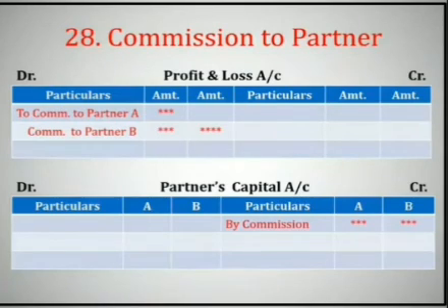In the same way, salary to partner A, salary to partner B, and we give the second effect to the partners' capital account also, that is the by salary, and we will write the amount under the partner A and the partner B. Here, we have learned so many adjustments which give the two effects.